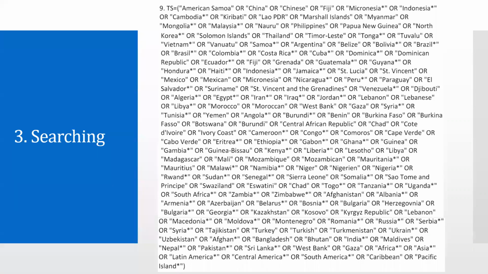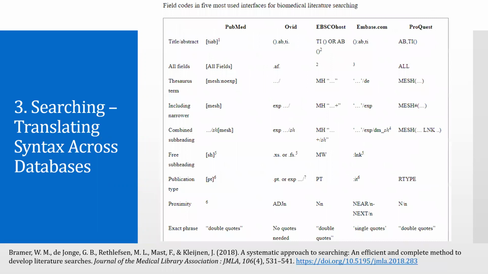So this is from a review that I was a mentee on in a project. And this list was developed by looking at the World Bank list of low and middle income countries. So that's what we mean by exhaustive versus just a basic search.